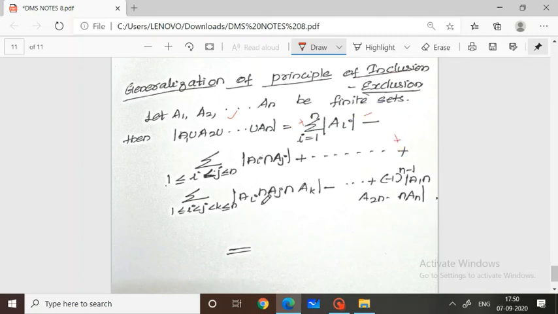The next term is the summation over i less than j less than k less than or equal to n, that is the modulus of Ai intersection Aj intersection Ak, etc. The last term is minus 1 raised to n minus 1 times the modulus of A1 intersection A2 intersection etc. intersection An. You learn this generalization also. Okay, thank you.